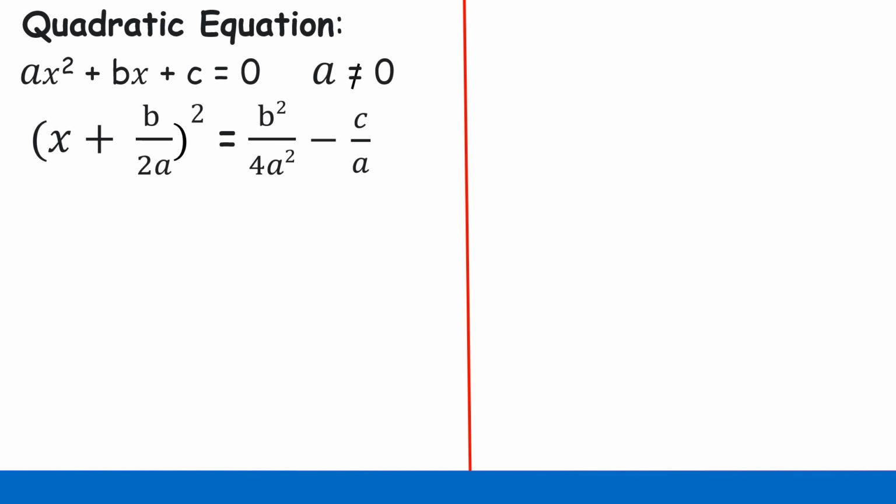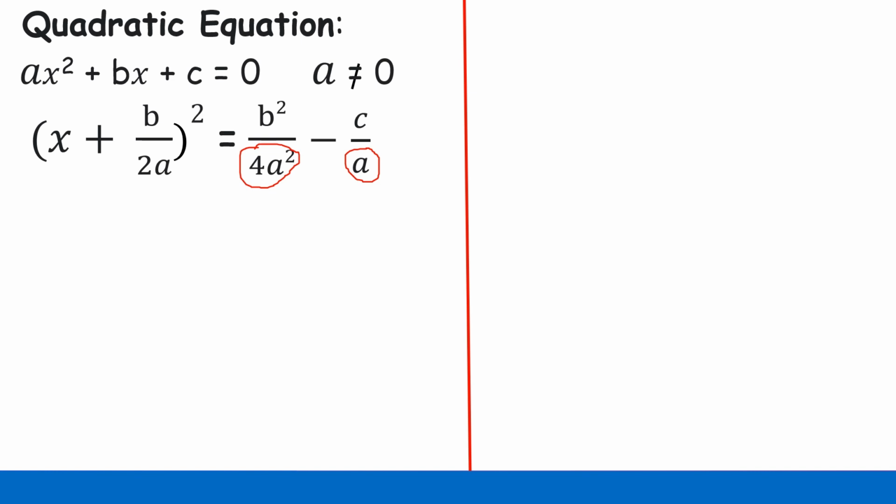Now, if you look at the right-hand side, we will be trying to have an expression that has the same denominator. We have 4a squared here, and then we have a.